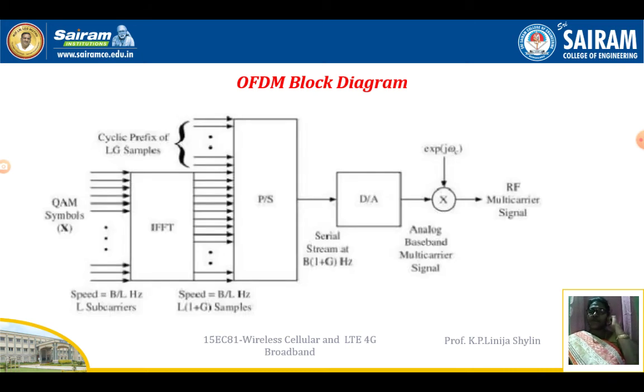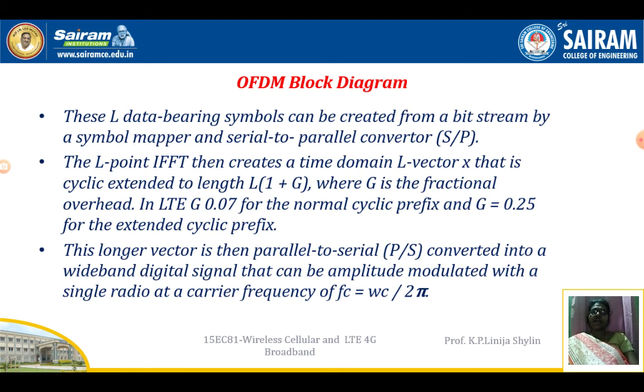So this is the block diagram showing how it works in the time domain as well as the frequency domain. Here we give quadrature amplitude modulation symbols to the inverse Fourier transform, and the L point IFT creates the time domain L vector x, which is cyclic extended to the length L into 1 plus G.